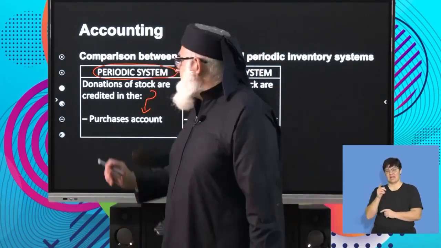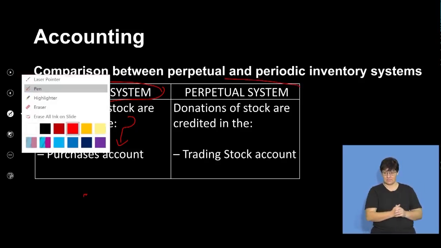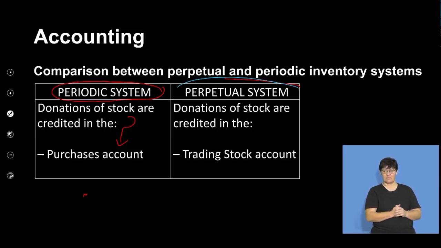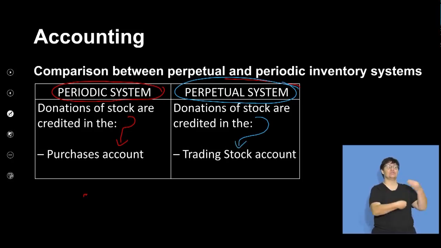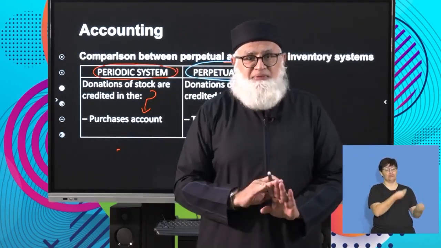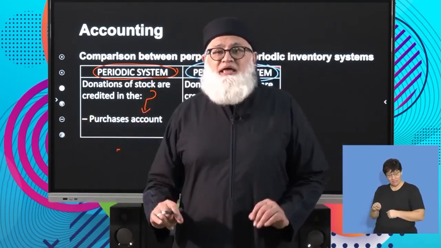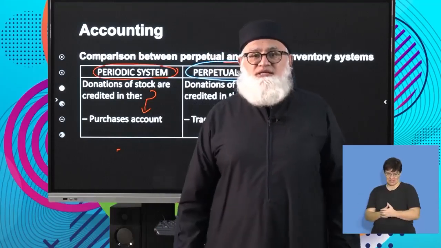By the same token, if I look at my perpetual system, remember, we said with the perpetual system, donations are credited in the trading stock account. So any movement of stock, when we're dealing with perpetual, it will be the trading stock account that is impacted. Any movement of stock with a periodic inventory, my purchases account is involved.